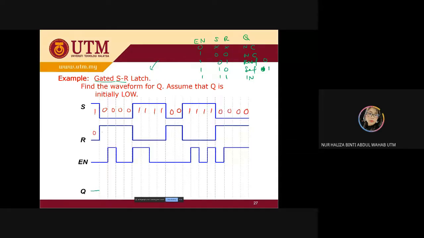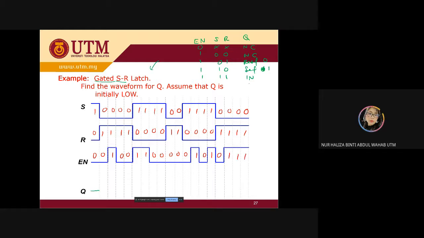Second, my R: 0, 1, 1, 1, 1, 0, 0, 0, 0, 1, 1, 0, 0, 0, 0, 1, 1, 1, 1. And for my EN: 0, 0, 1, 0, 0, 1, 1, 0, 0, 0, 0, 0, 1, 0, 1, 0, 1, 1, 1.